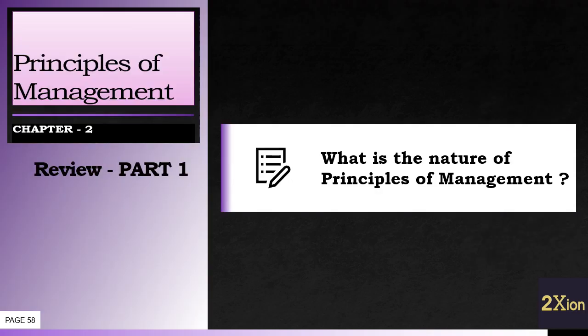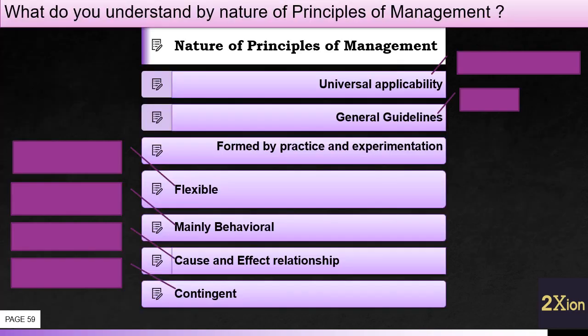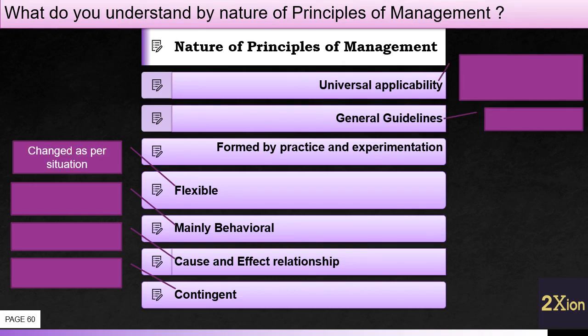What is the nature of principles of management? Are you able to recollect what we learned in nature of principles of management? Do you know what each one means? Let's check your level of understanding. So first one is flexible. What does it mean? Flexible means principle of management can be changed as per the situation.